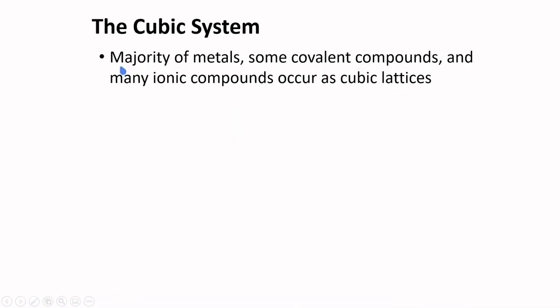Of the 7 crystal systems, I will mainly talk about the cubic system. Majority of metals, some covalent compounds, and many ionic compounds occur as cubic lattices. There are 3 types of cubic lattices.